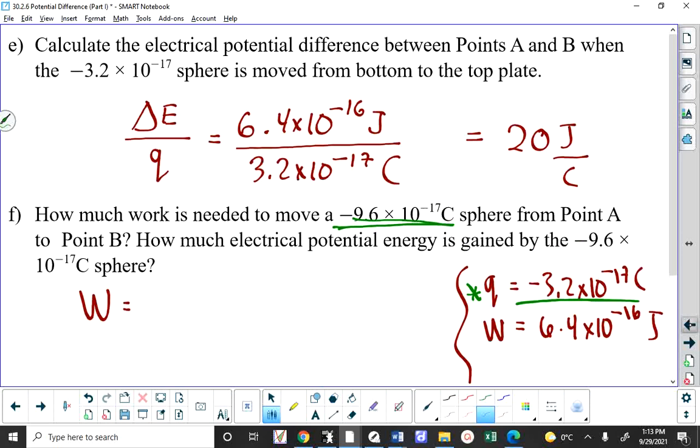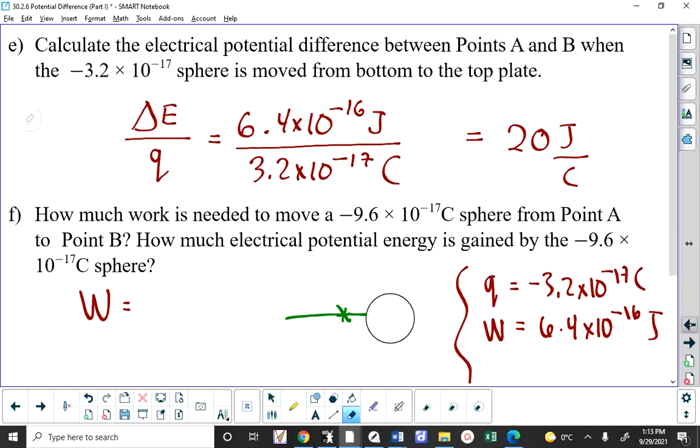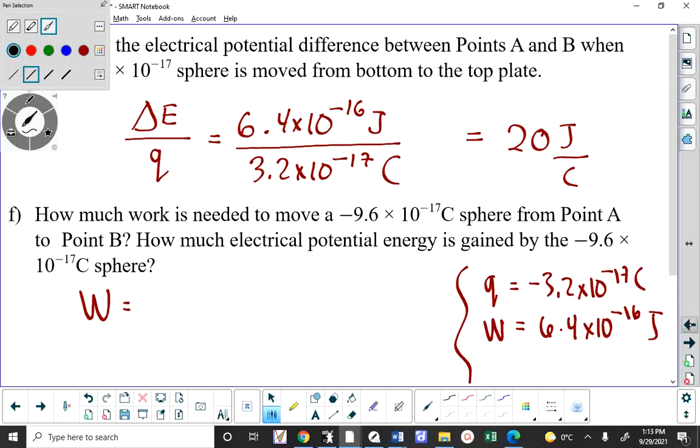So how many times more charge is the charge in F compared to what it was? Use your calculator and figure out what's happened to the charge. What I'm talking about here is what's happening to the charge when we go from this to that. And the answer is, I believe we're multiplying by 3, aren't we?